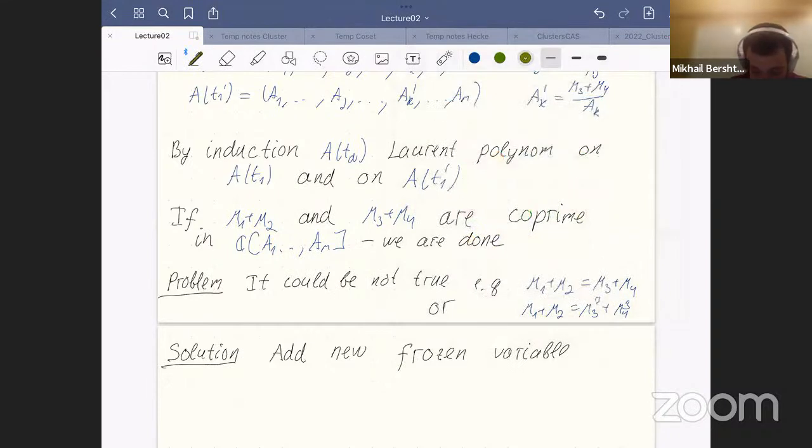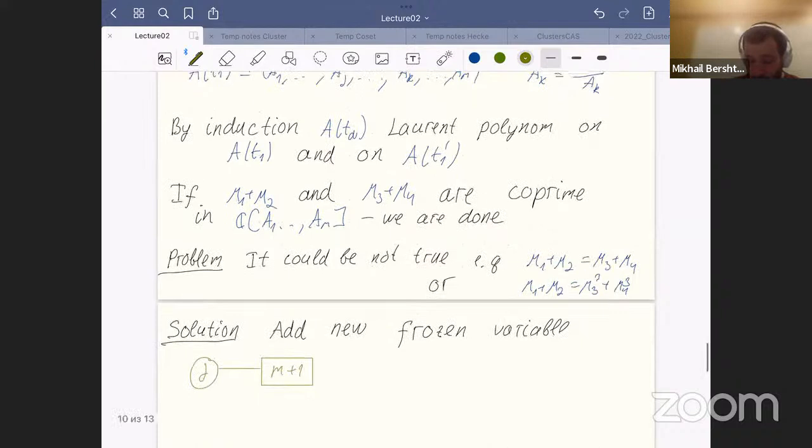So we have some vertex J, and we add a frozen variable with number m plus 1. I put it in a square to represent it as frozen, and it is not connected to vertex K.